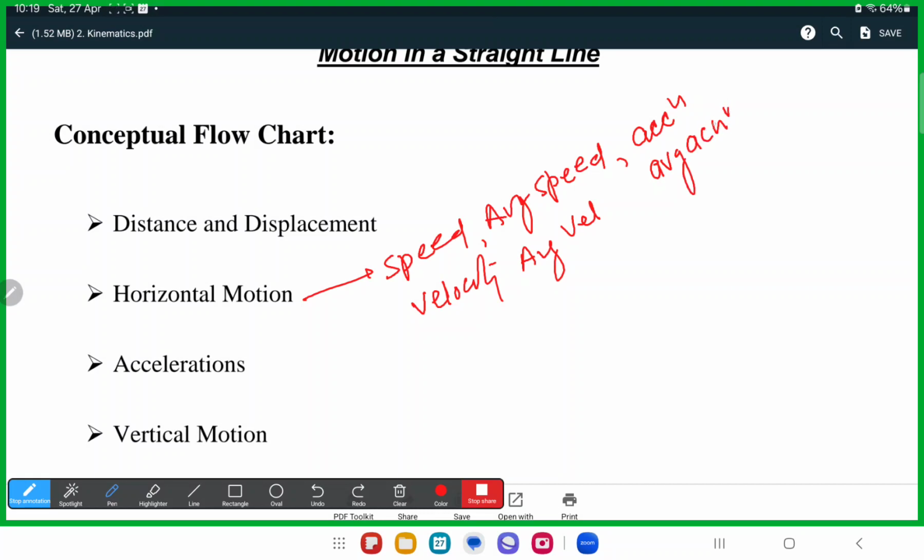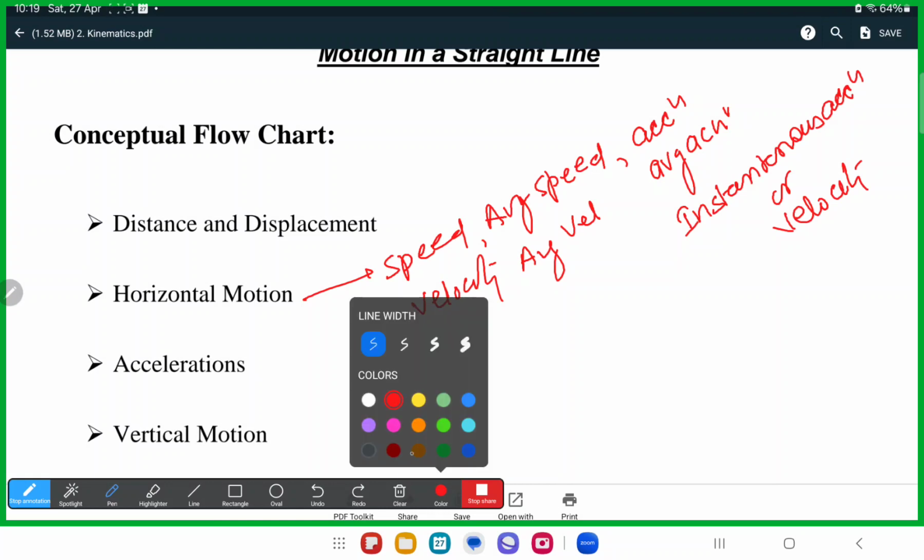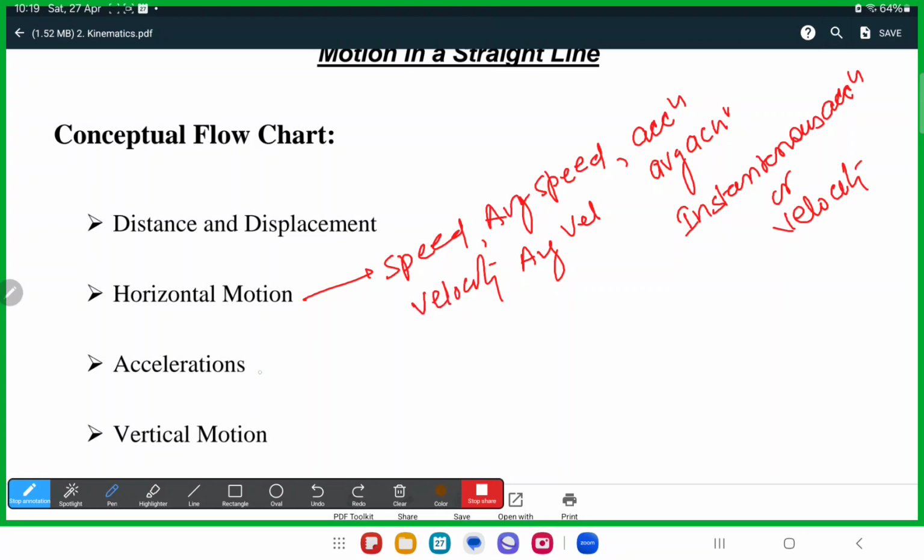Then there's one more term called instantaneous acceleration or velocity. So these questions will come in horizontal motion, and we will see the detailing of them one by one, but not in this video.